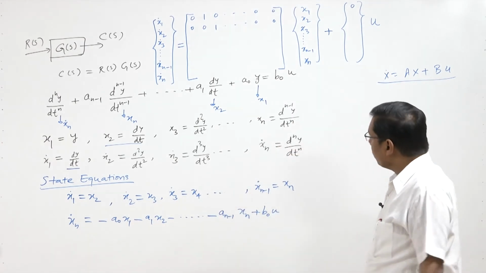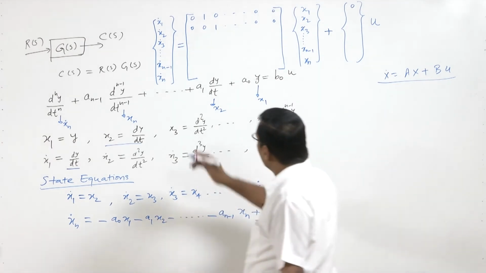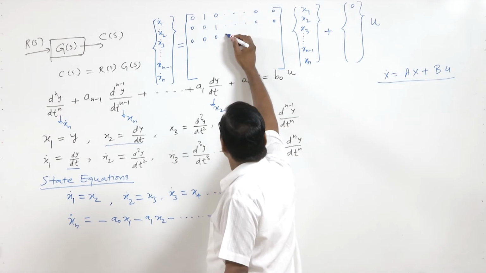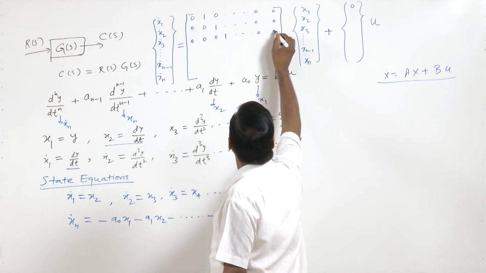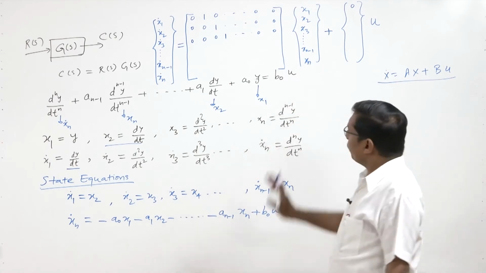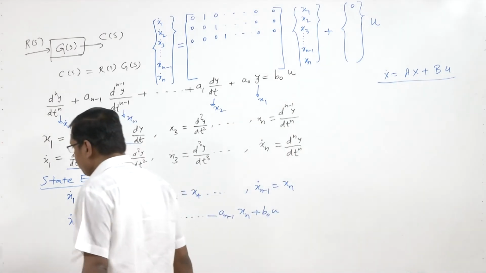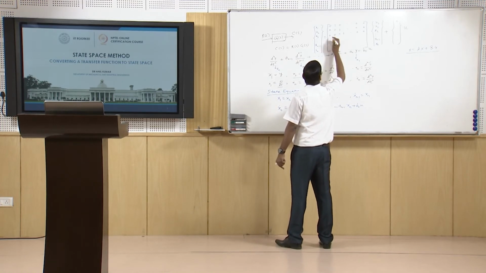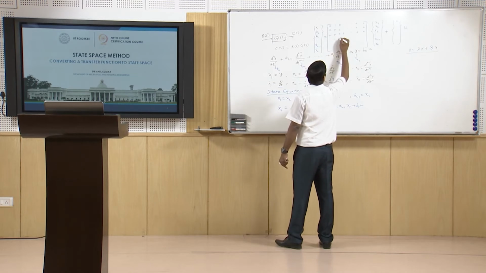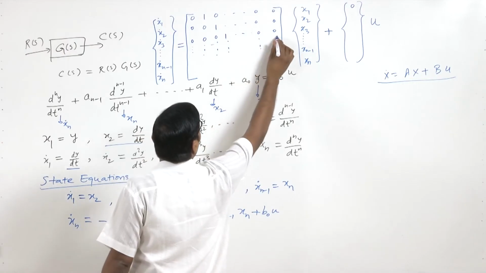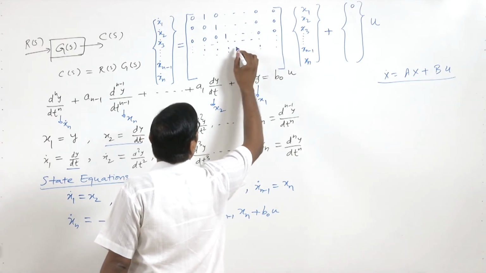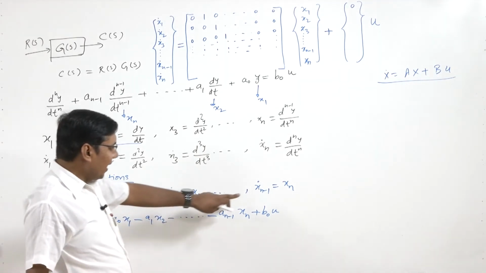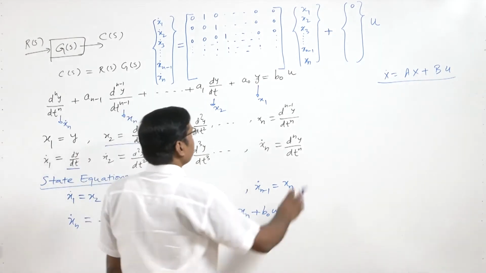Then x3 dot equal to x4. So here 0, 0, 0 and 1, and then here 0, 0. Now xn minus 1 dot equal to xn.